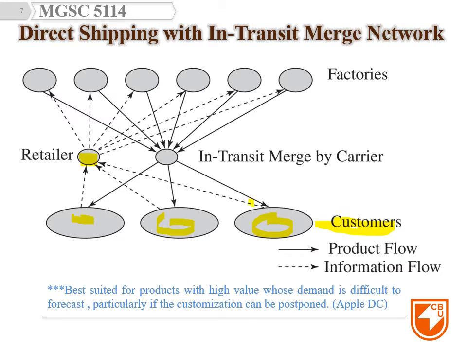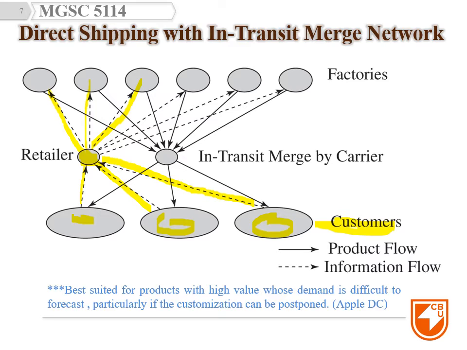So information is sent from customers to the retailer. The retailer will accumulate all of these orders and distribute them separately to each of the manufacturers.